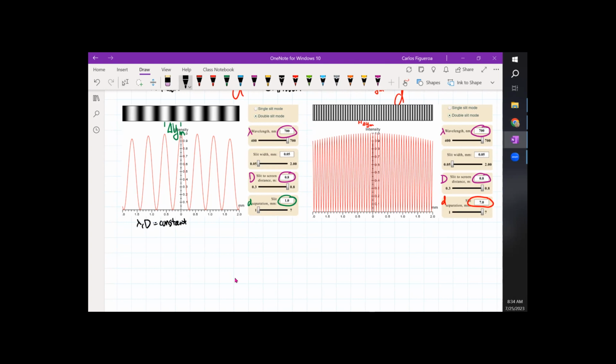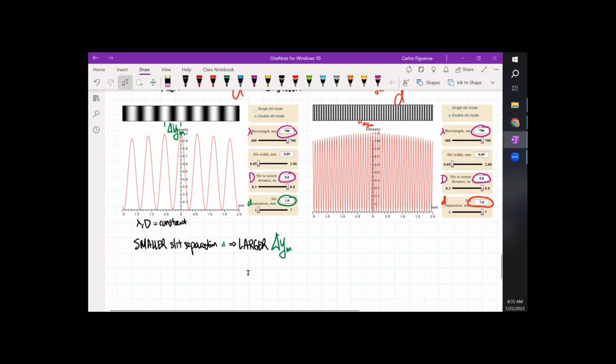So now, if I have a smaller slit separation, in other words a tiny little d, then that tells me I'm going to have a large delta y.